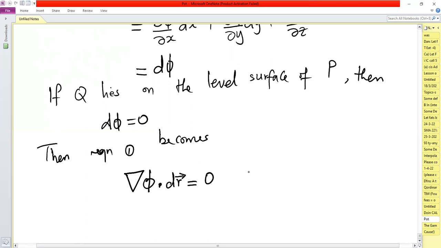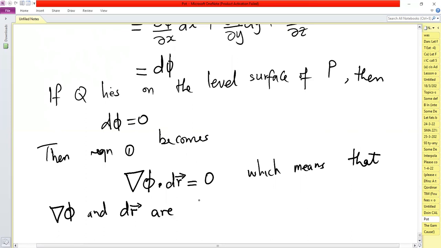So which means that this gradient of the function phi and dR are orthogonal, because the dot product giving 0 is a confirmation that the two vectors are orthogonal, or meeting at 90 degrees.